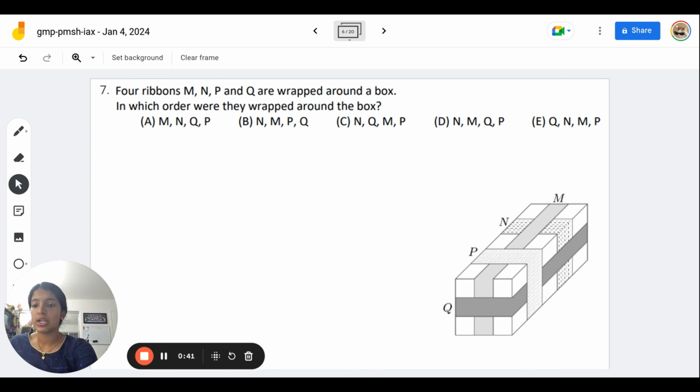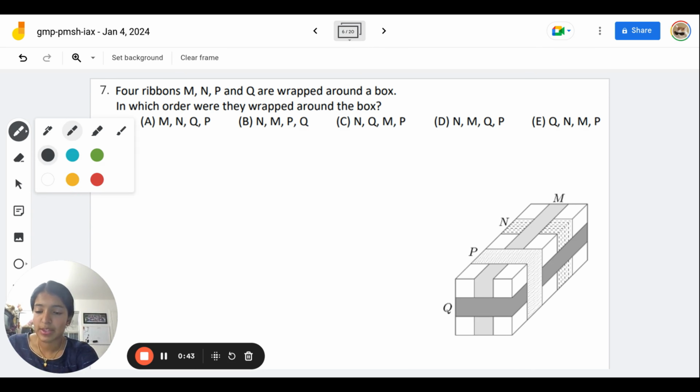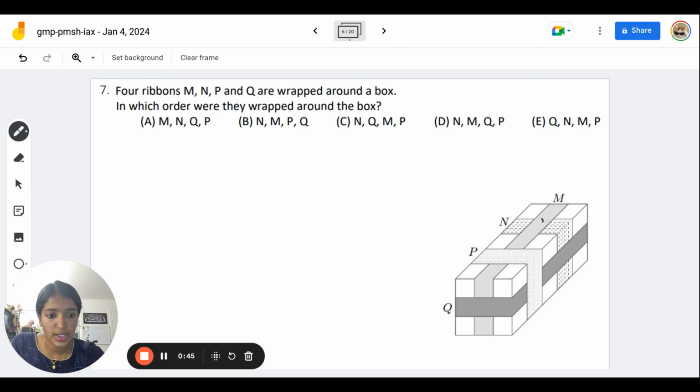So we're gonna look at the place over here, because that's where 2 ribbons intersect. So we're gonna look at all of these different places, because they tell us which ribbon was put on first and which one was put on last.